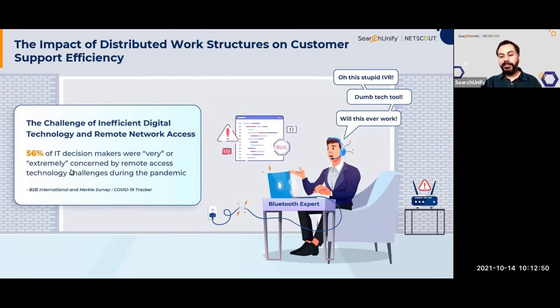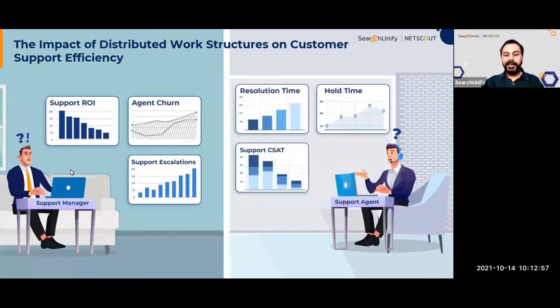So customer support teams needed further support to maintain their efficiency. And at each level, managers had to face challenges like agent burnout and churn, increasing escalation, declining efficiency. And agents, on the other hand, had to deal with challenges like increasing caseload, hold time, and declining CSAT. And this is what we observed happening across support teams.